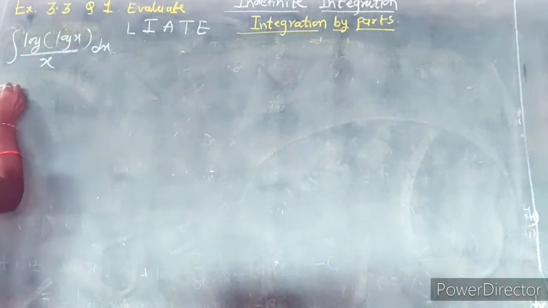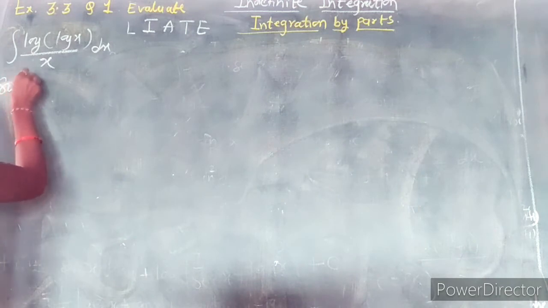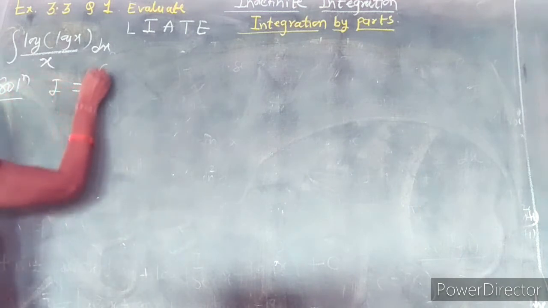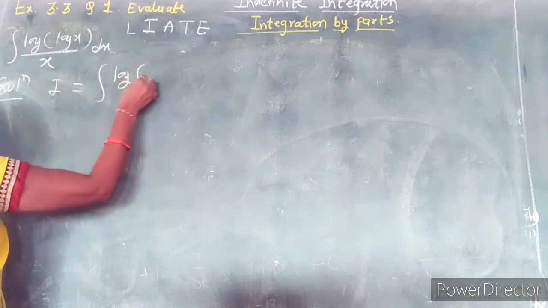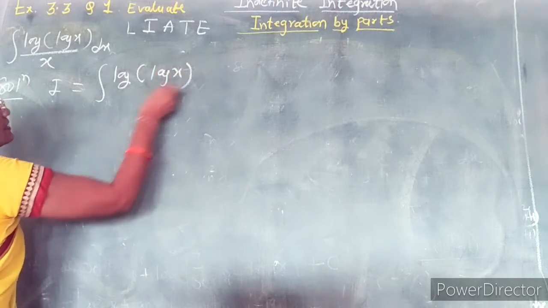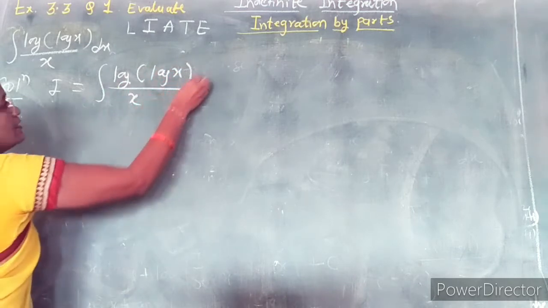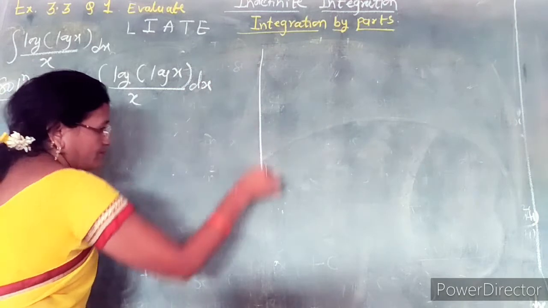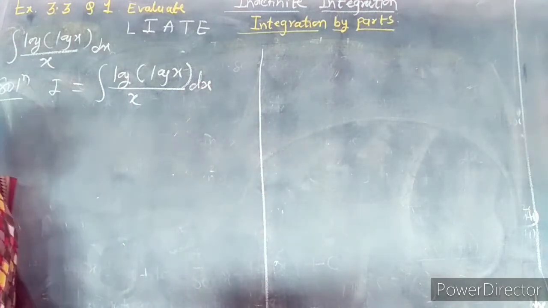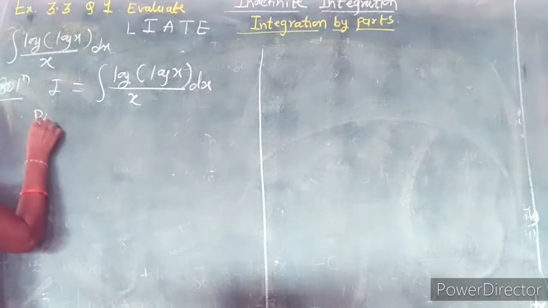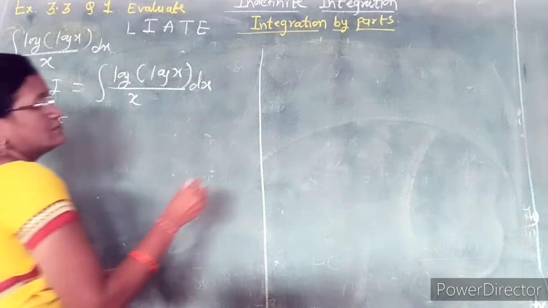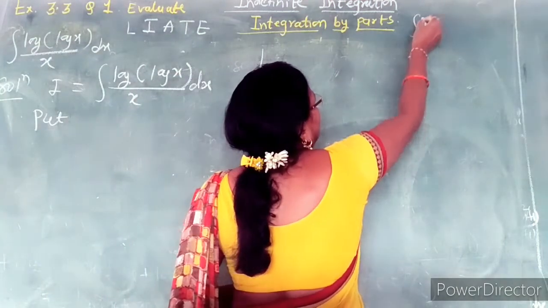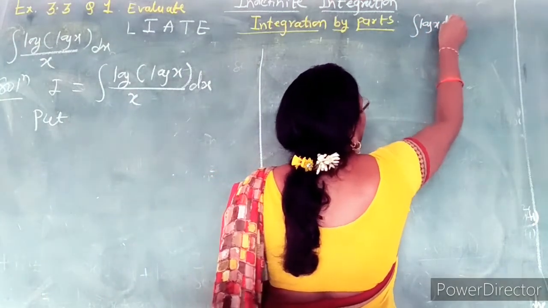So to find the solution, we take I is equal to the integral of log x whole divided by x with respect to x. Now for this type we take a substitution, because we cannot find the integral of log x directly.